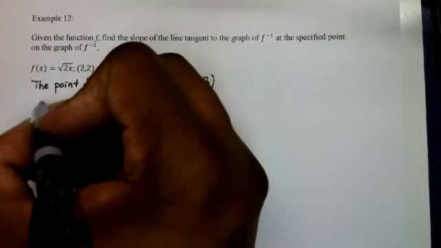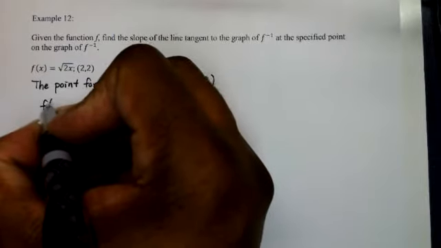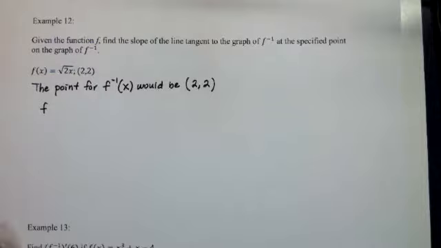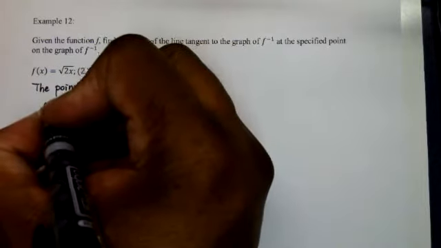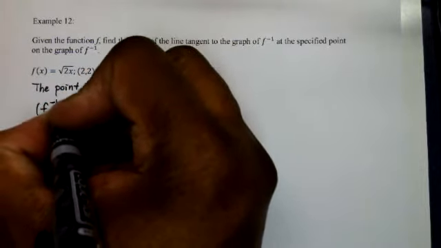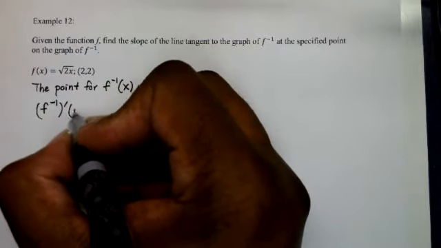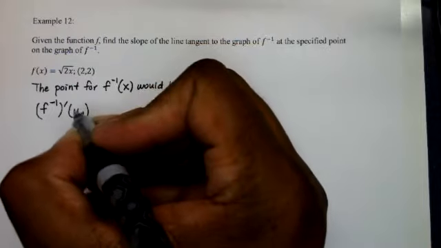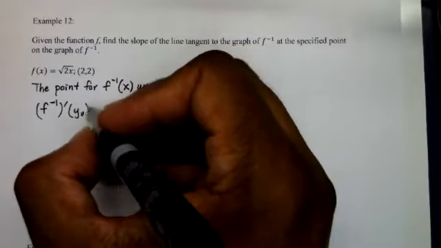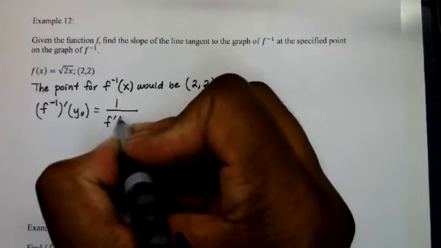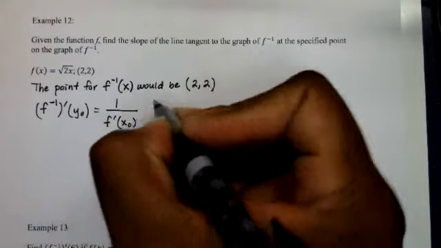Okay, and then we use, of course, f inverse prime of y sub 0, and that will be equal to 1 over f prime of x sub 0.